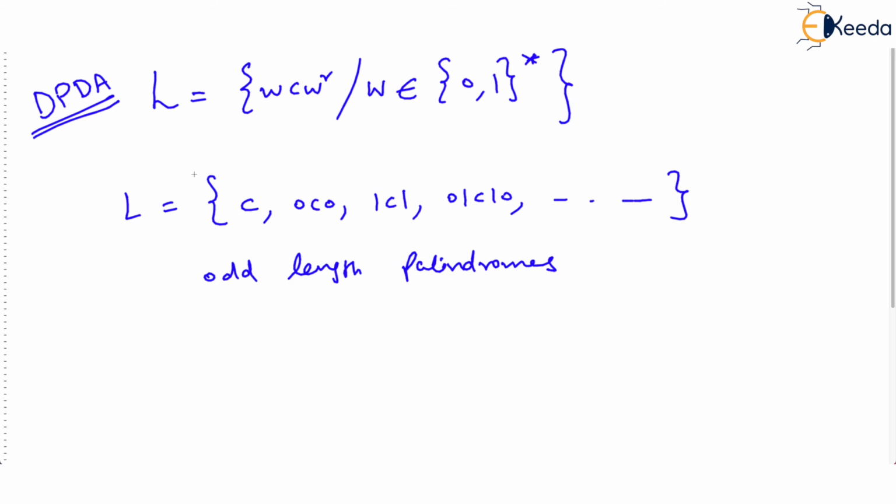We were not forced to use NPDA, isn't it? We constructed DPDA for this. Now why? Let's reason this out. Why was DPDA possible? The point is that there was a constant character C perfectly in the center.